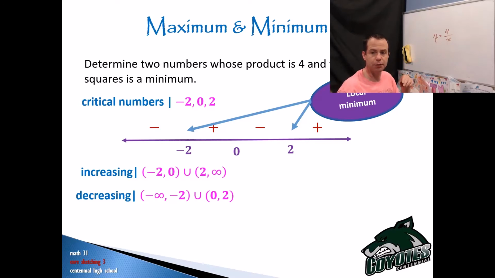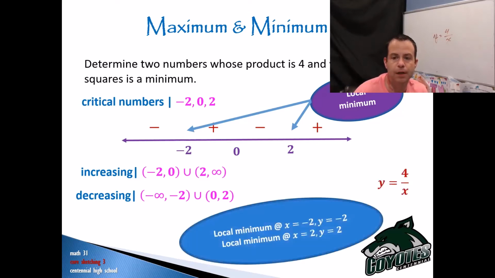And if I plugged in 2, I would get 2. So the two numbers are negative 2 with negative 2 and 2 and 2. Okay, so I have a local minimum at negative 2, negative 2. And another local minimum at 2, 2.